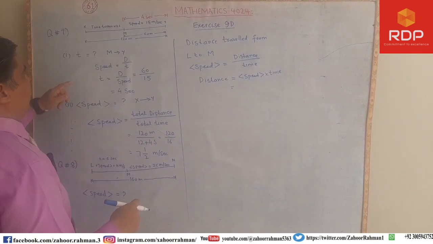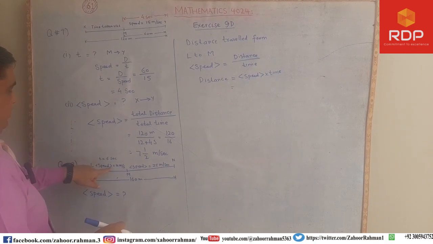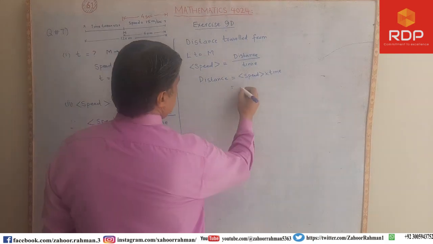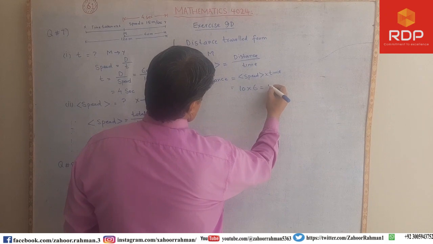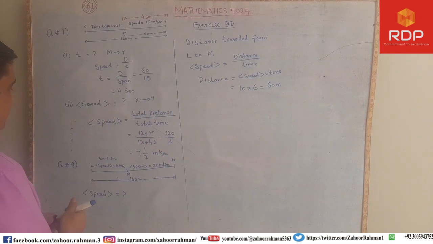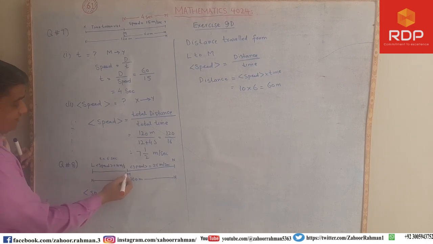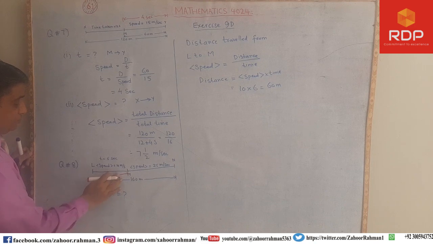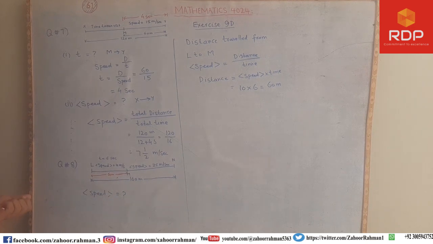Both of them are available, so we take 10 multiplied by 6, so it is 60 meter. Ladies and gentlemen, here I am writing that the distance from this to this location is 60 meter. I am writing it because we will need it.